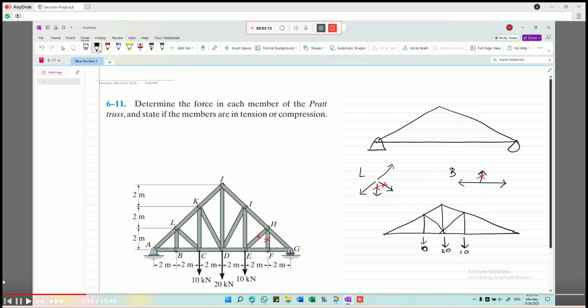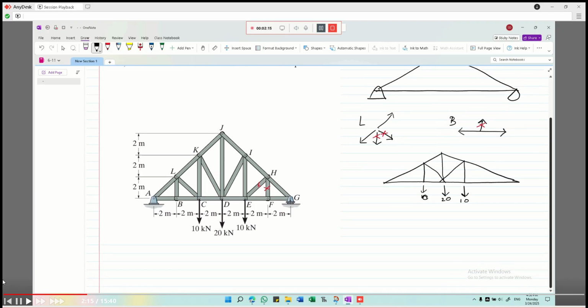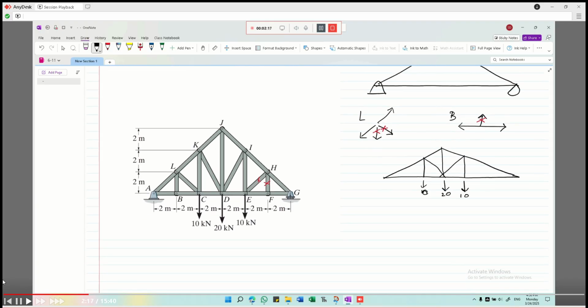Over here we can start by finding out joint A and the forces surrounding it.